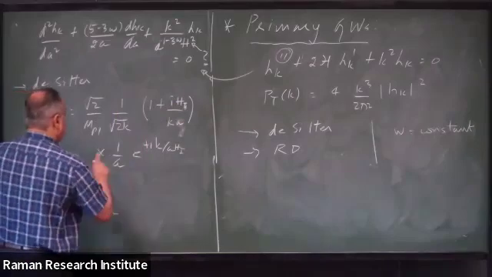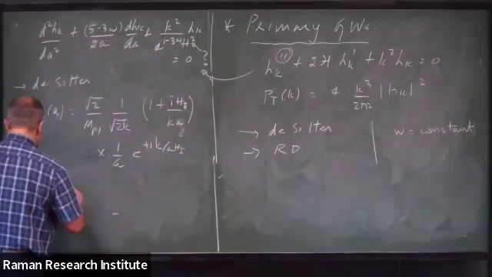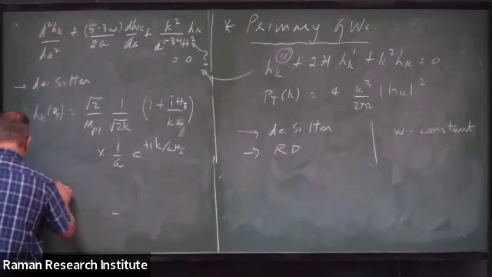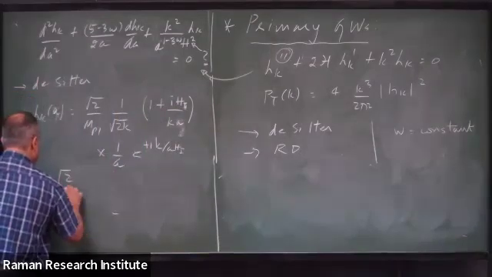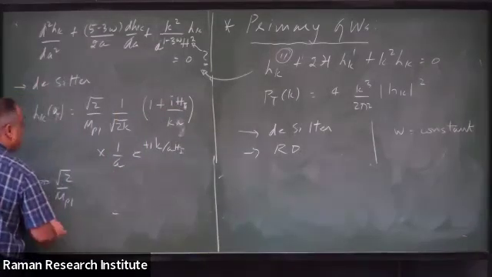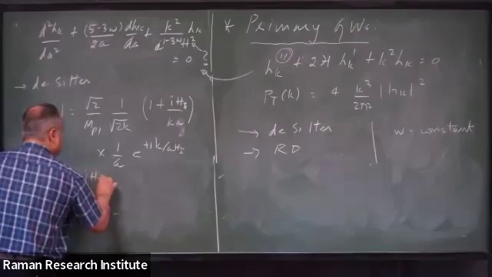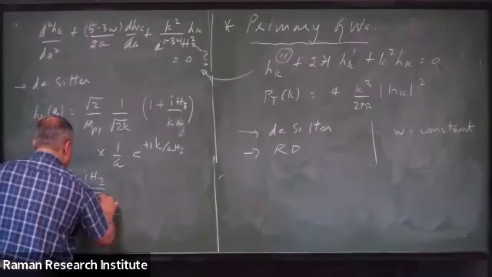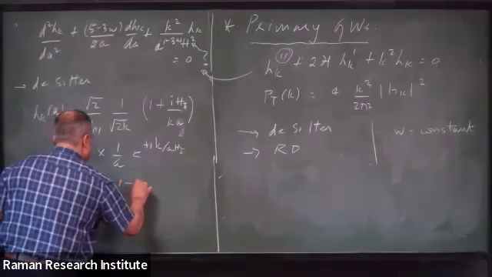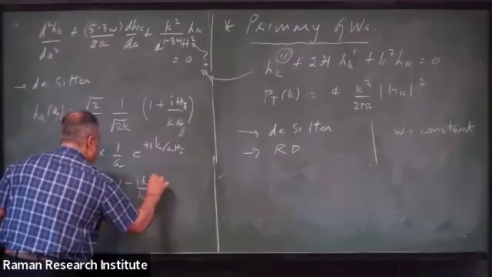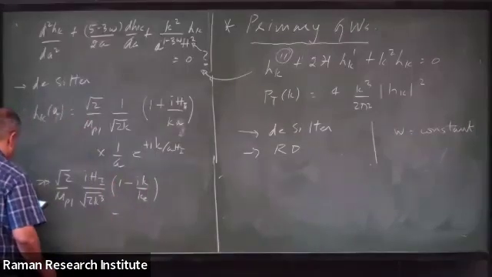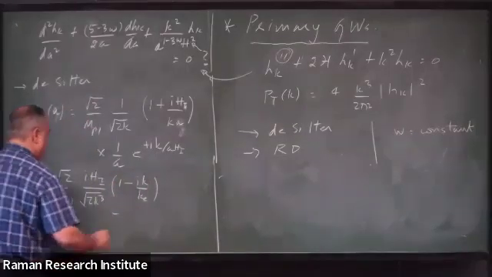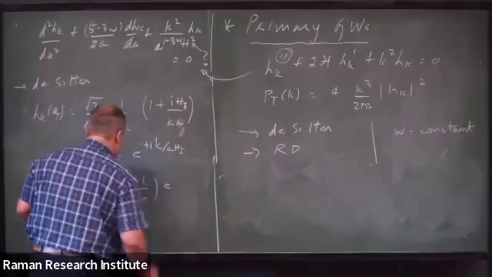Yes. So I can pull out some factors. Let me write it differently. I can write this as root 2 by M_Pl, i H_I by root 2 k cubed, 1 minus i k by k_E. Remember, I had introduced this k by k_E.